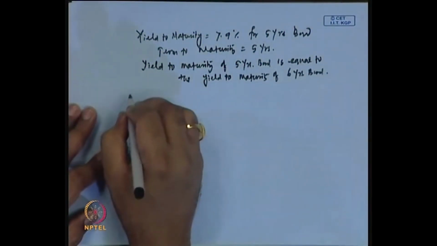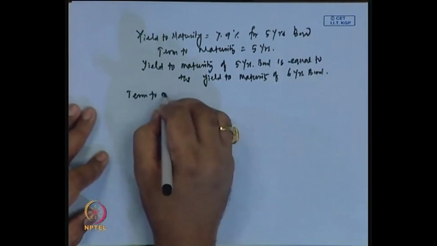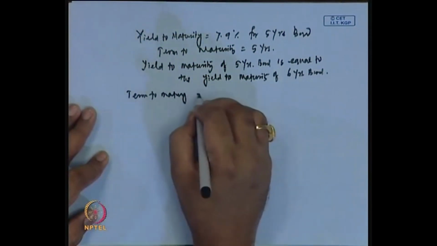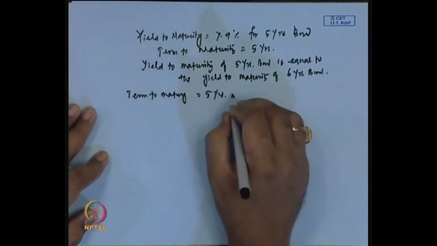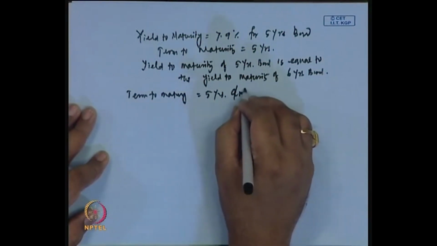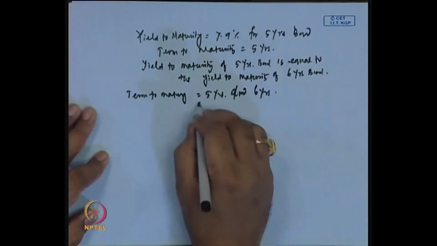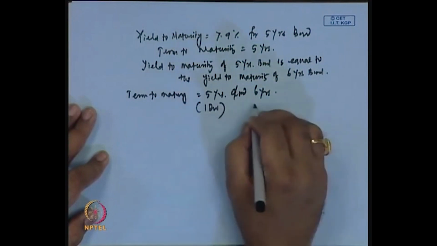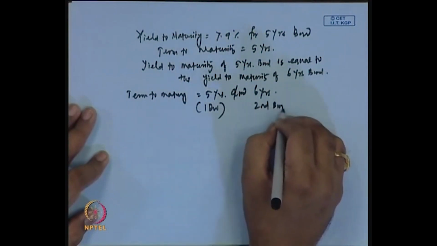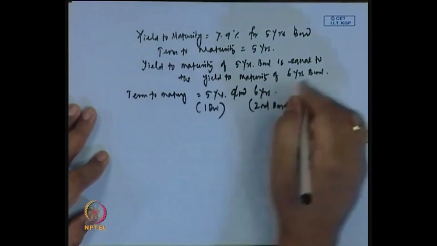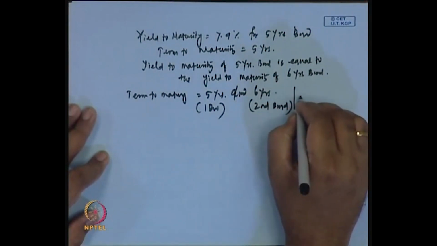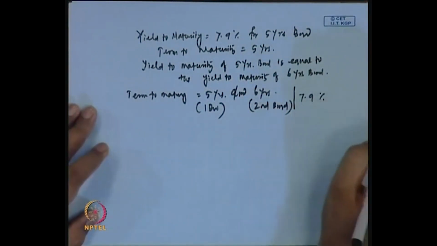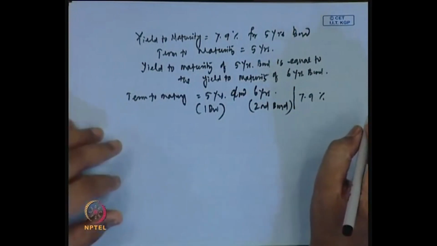That means the term to maturity is equal to 5 years for one bond and 6 years for the second bond, and the yield to maturity is the same for both of them, that is 7.9%.